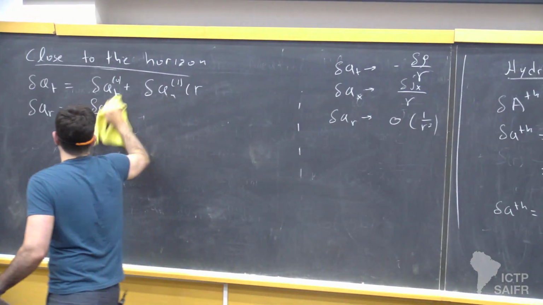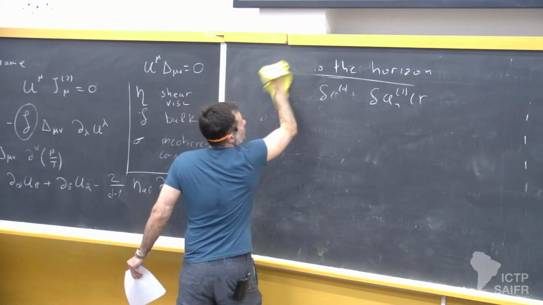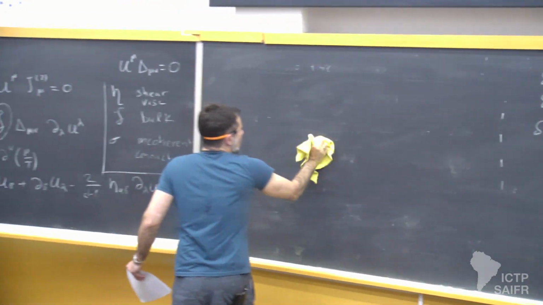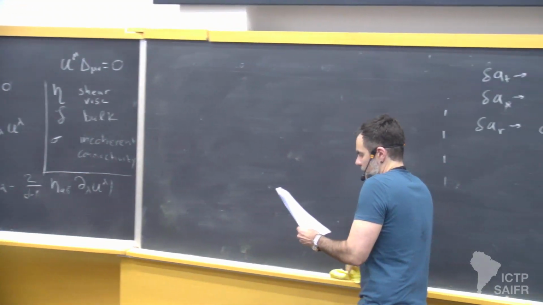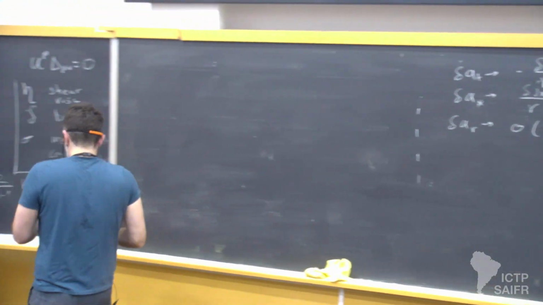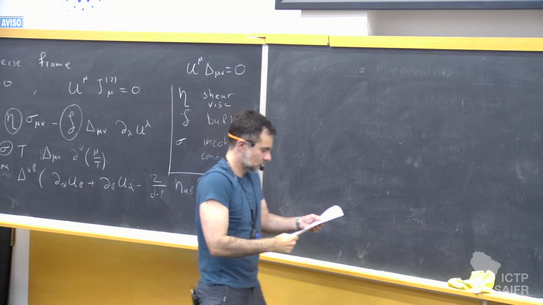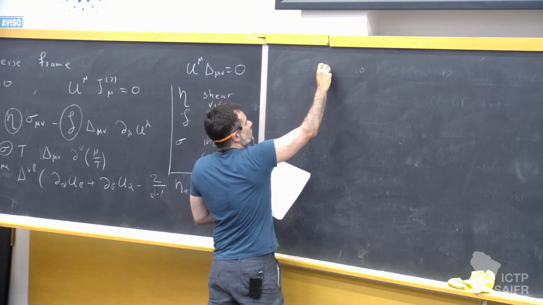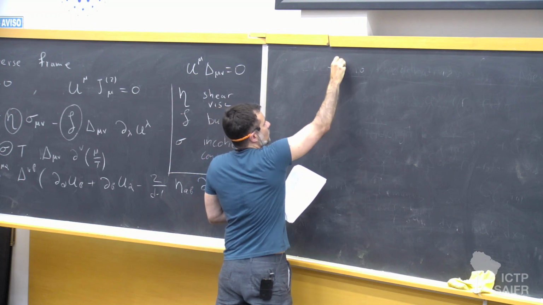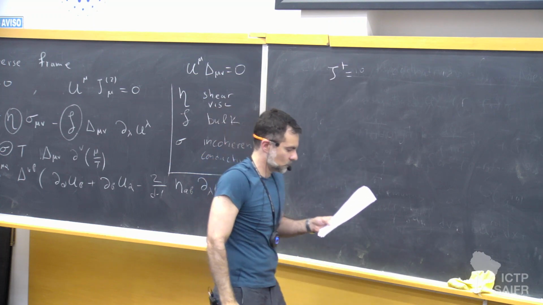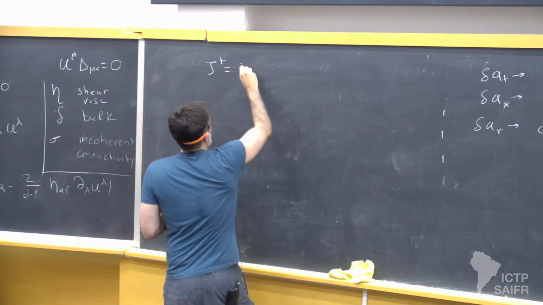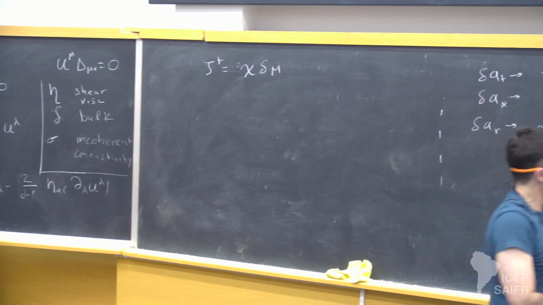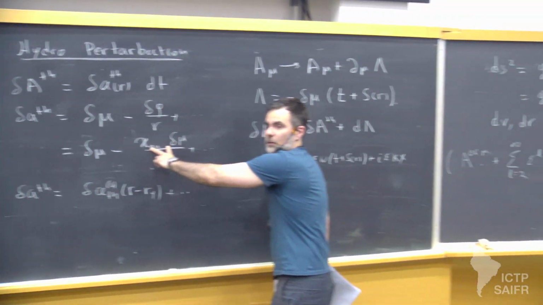Just by solving Maxwell's equations in the bulk and extracting the currents order by order in epsilon, at leading order in epsilon, what you will read off from holography is the following. J^t, which is the charge density, or the time component of the conserved current, is chi delta mu. This is exactly what we wrote here, coming from the leading order perturbation.